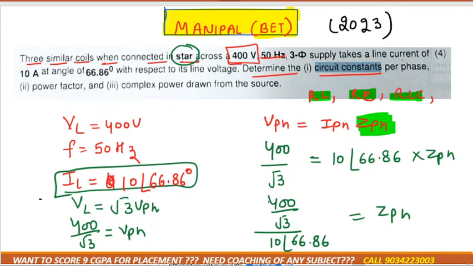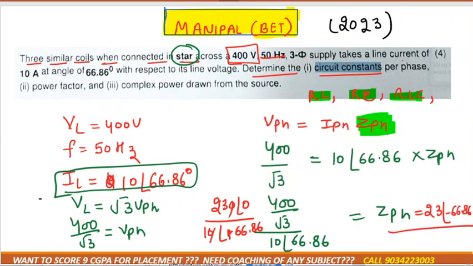So basically 400 by root 3 angle 0 divided by 10 angle minus 66.86, right? If I solve it further, that would be 23 angle, sorry, it's plus, the angle would be plus 66.86, right?